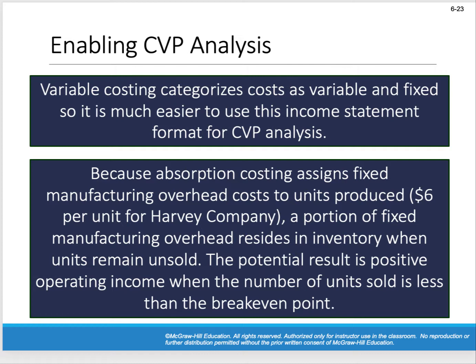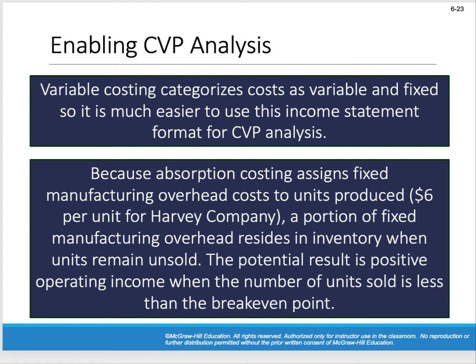And again, absorption costing assigns fixed manufacturing overhead costs to the units produced. Very important we understand that. That means that a portion of the fixed manufacturing overhead cost is always going to be in inventory when units remain unsold.